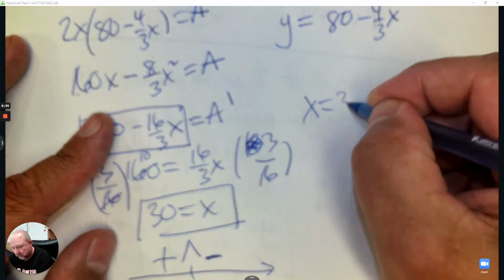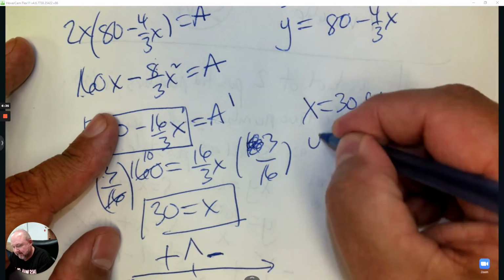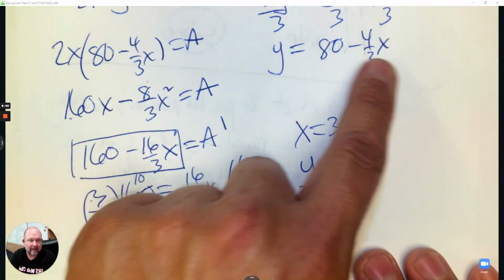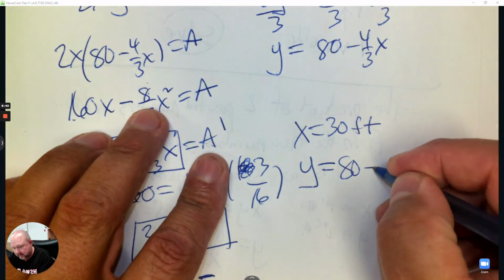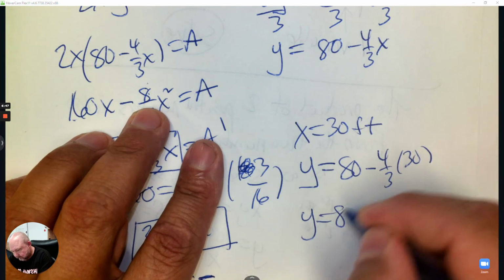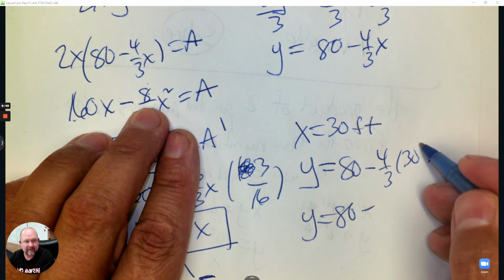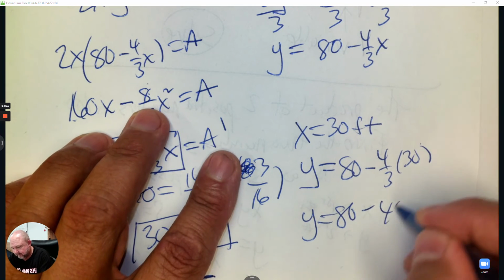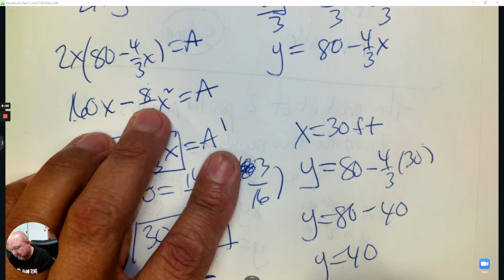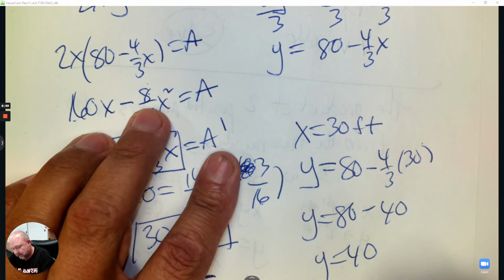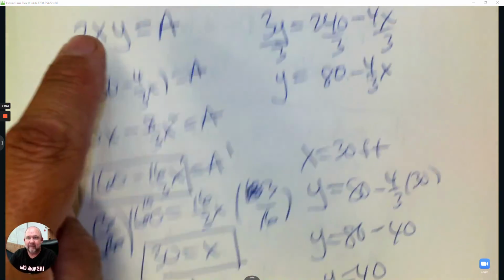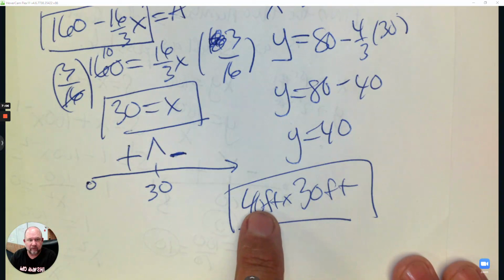So when x equals 30 feet, I have to solve for y, but we wrote down here what y equals. So we're going to plug in 30 for x and then solve it. So 3 goes into 30 10 times, and then 4 times 10. So altogether that's 40. So what dimensions would maximize the area of that rectangle? And the answer is 40 feet by 30 feet.